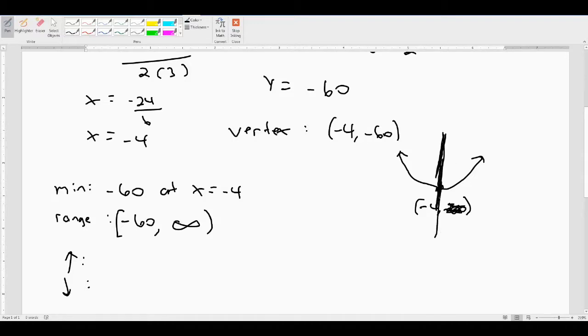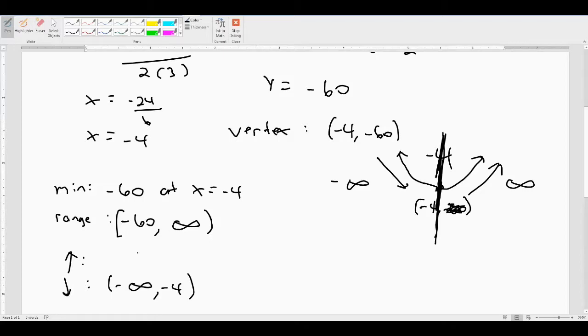The x value there is negative 4. So it's going down from negative infinity to negative 4. It's decreasing. I always use parentheses.